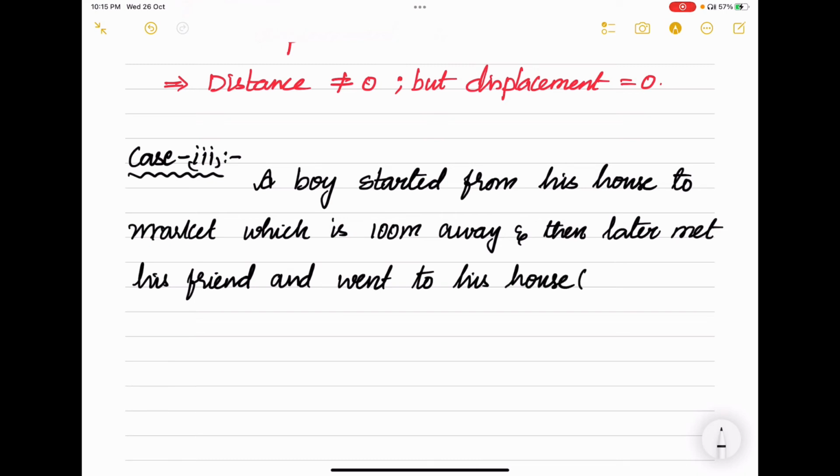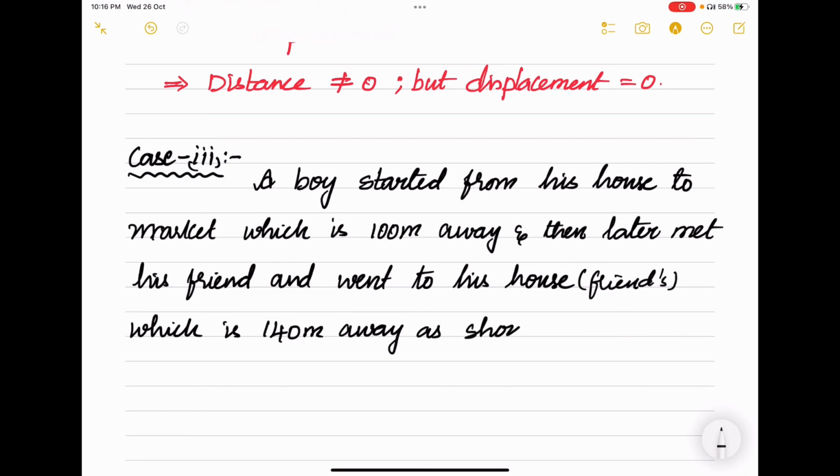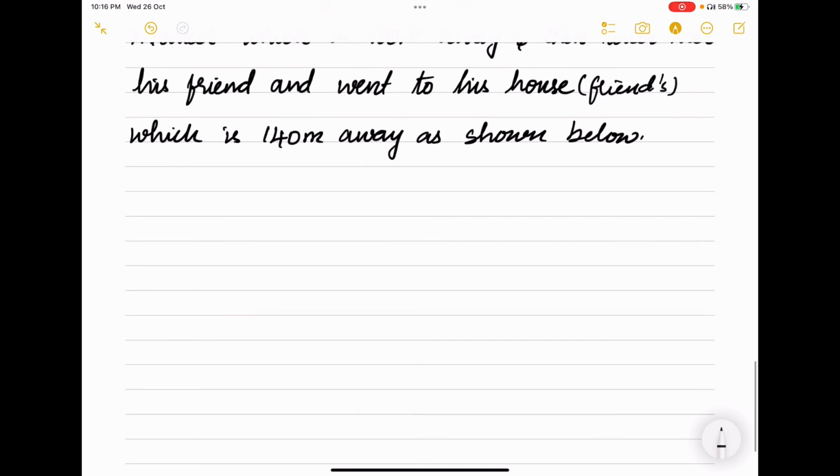So whose house is this? Friend's house, which is 140 meter away, as shown below. That's it. So let us have a depiction of this case.